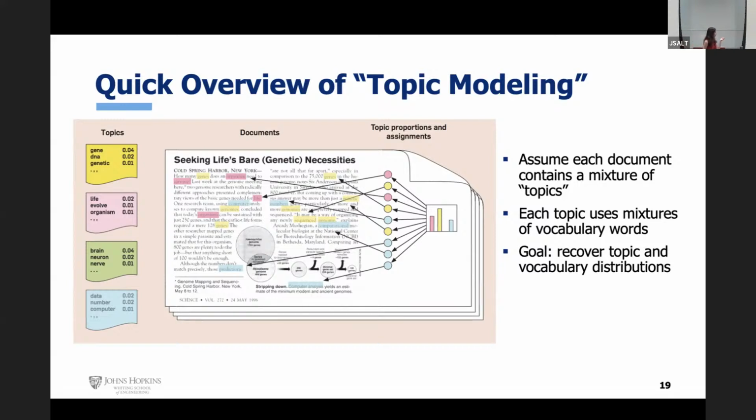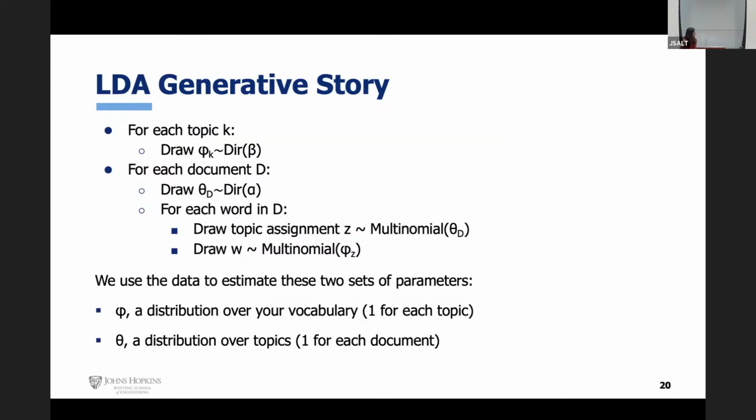Our goal in making these assumptions is that this is how we can represent the data, as this mixture of topics and this mixture over our vocabulary. What we want to do is, given some data set that we don't necessarily know very much about, automatically recover those topic and vocabulary distributions from the data. So this is the actual statistical model behind LDA.